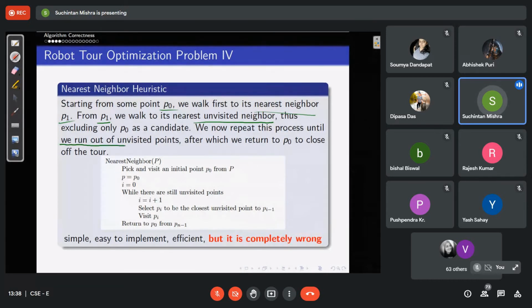We repeat this process until we run out of unvisited points. Once we run out of unvisited points, we return to the starting point by connecting a wire, completing the cycle. This is the nearest neighbor algorithm.